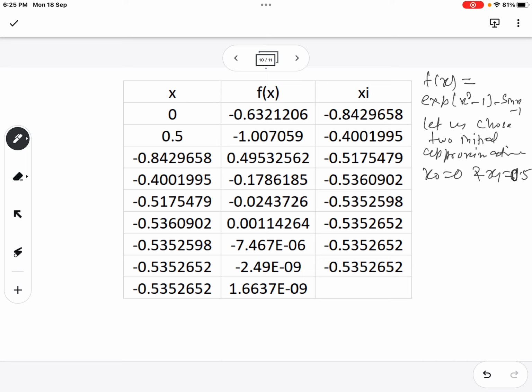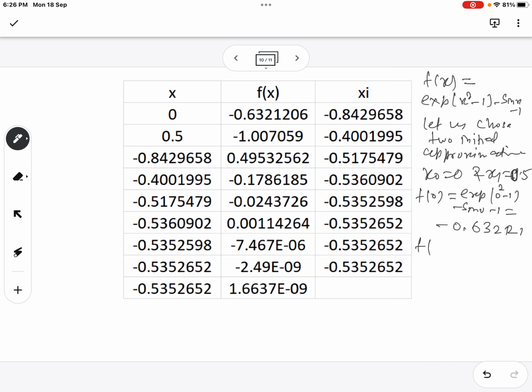And using this we can find out that the function value at 0 is equal to exponential 0 square minus 1 minus sin 0 minus 1, which is equal to minus 0.632121.